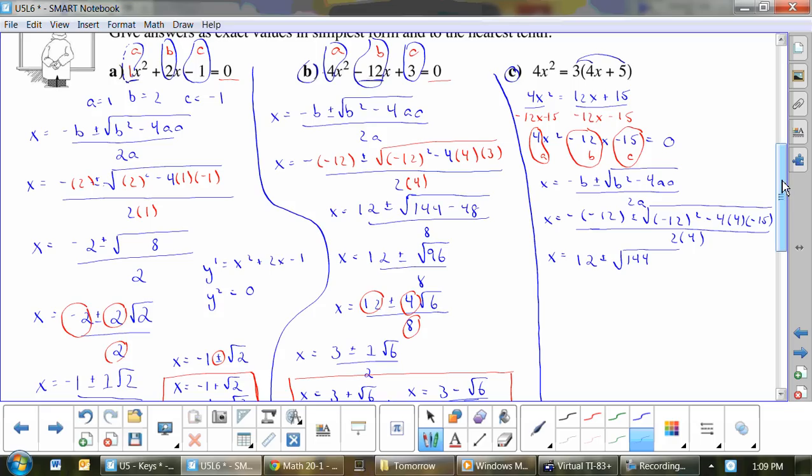Okay, so I need someone with their hand up to let me know what negative 4 multiplied by 4 multiplied by negative 15 is. Justin. Plus 240, all over 8. Okay, so we get 12 plus or minus the square root of 384 all over 8.